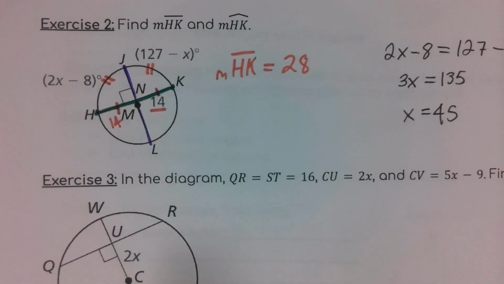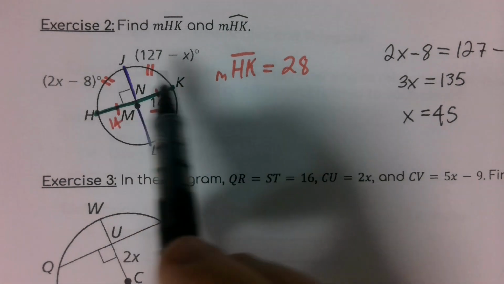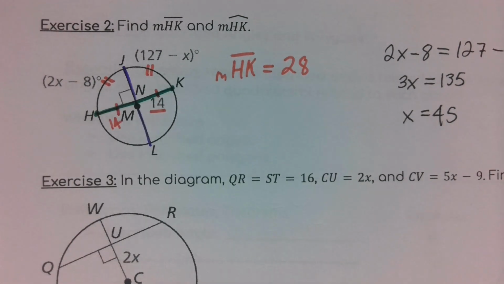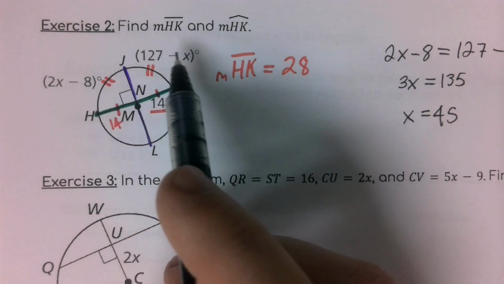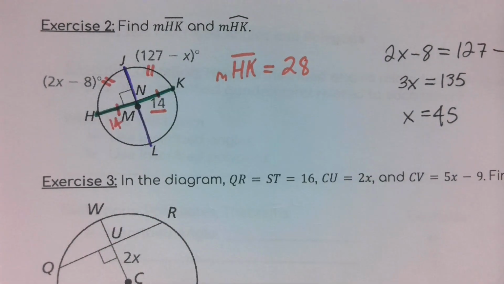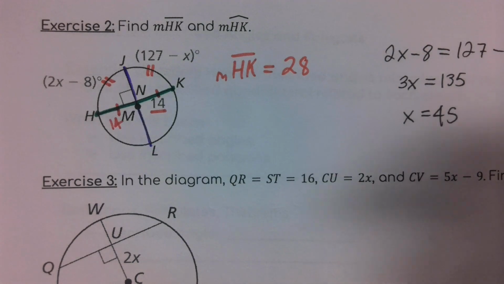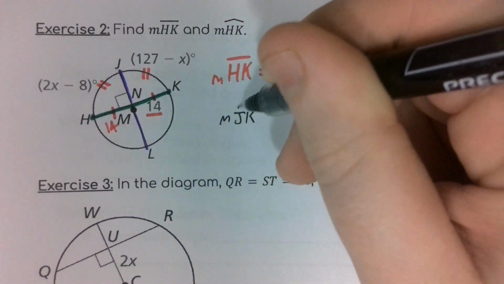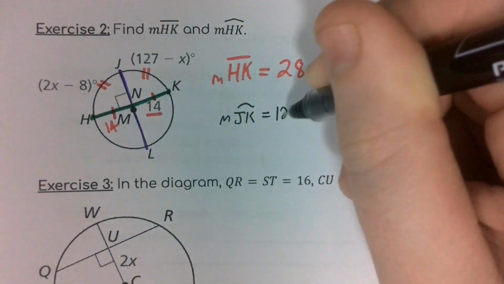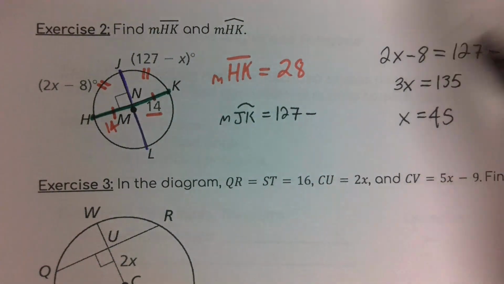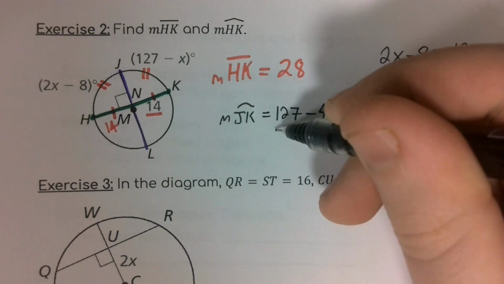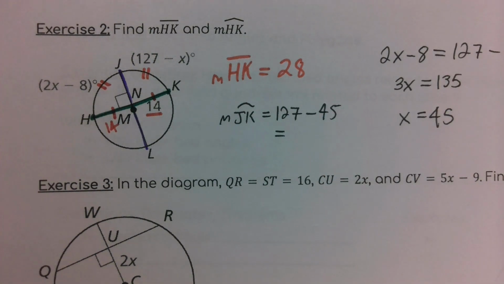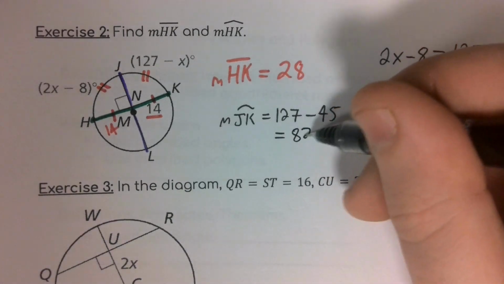So, we can use this measure of x, plug it in to either of the arcs, and we'll find half of HK. Let's plug it into this one right up here, the 127 minus x. If we know that the measure of arc JK equals 127 minus x, and x is 45, 127 minus 45 is going to give us 82.